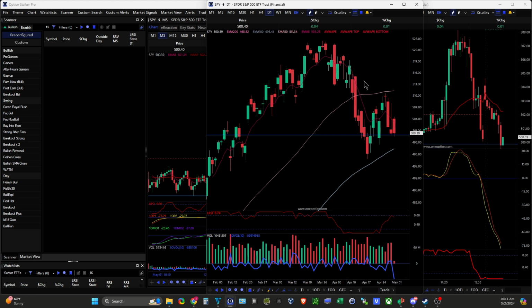Why is that? I'd be asking the question, why weren't the bulls able to close above that level? Why did we close just shy of it? That makes me feel like the bears have a bit of control around that area and they're not letting the bulls get the price above that.